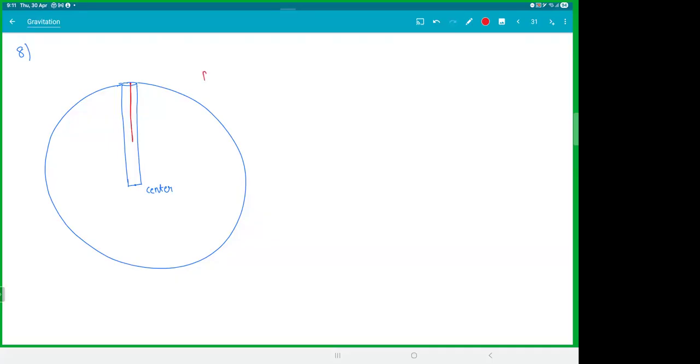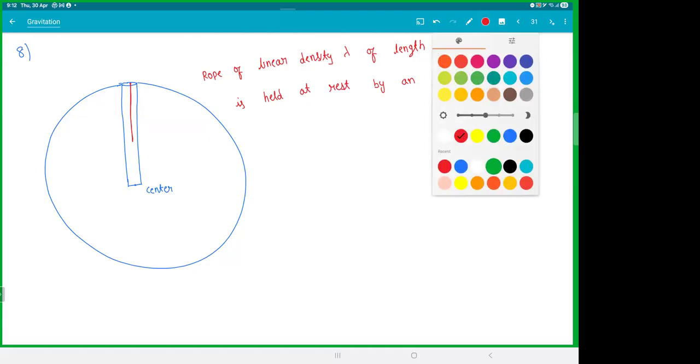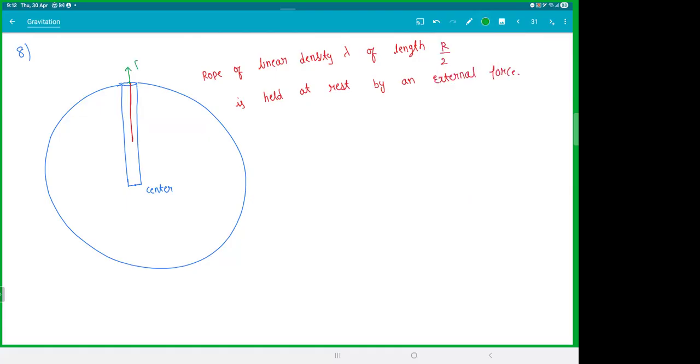So we got a rope of linear density lambda. What is lambda? Mass per unit length. Of length R/2, it is held at rest by an external force. If you leave it, it is going to fall into the tunnel. So someone is holding the rope with an F external.